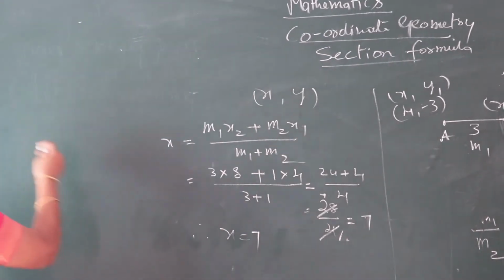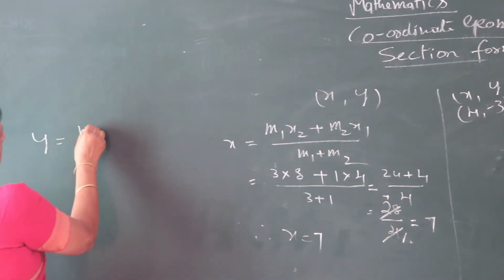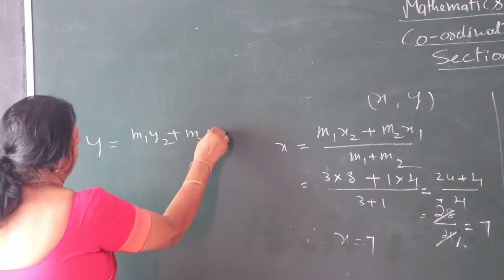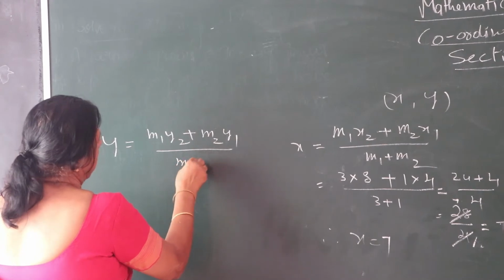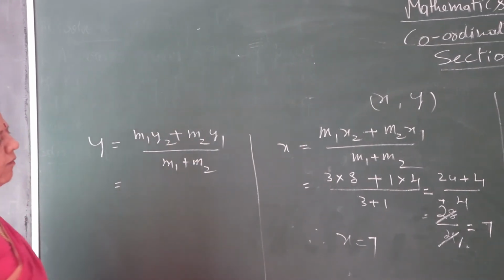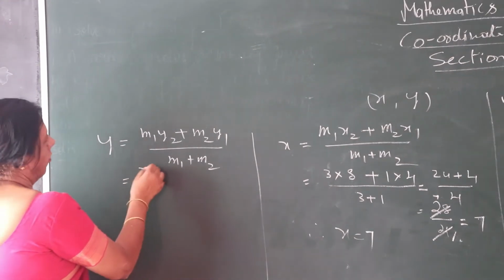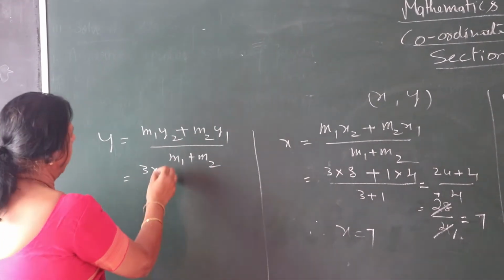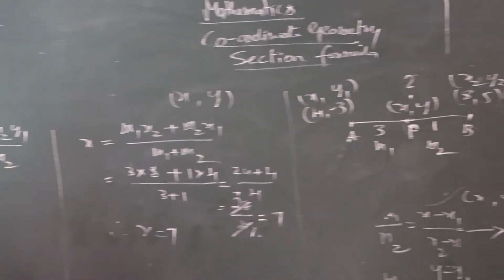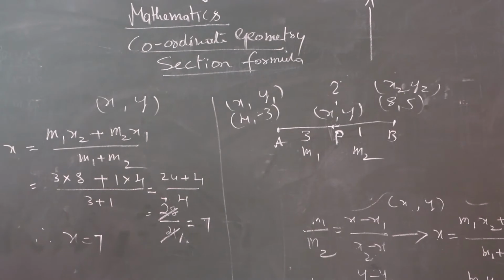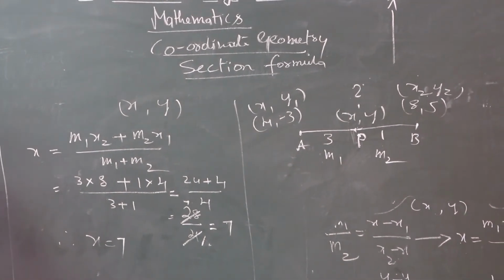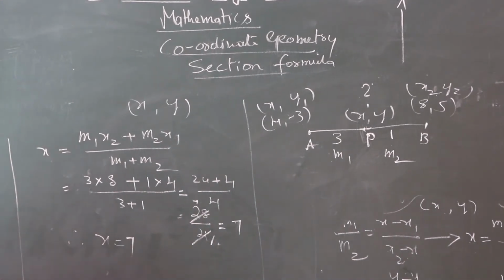So now we go for y is equal to m1 y2 plus m2 y1 by m1 plus m2. Very easy. What is m1? You know, 3. What is y2? y2 is 5, plus m2 is 1 into what is y1?